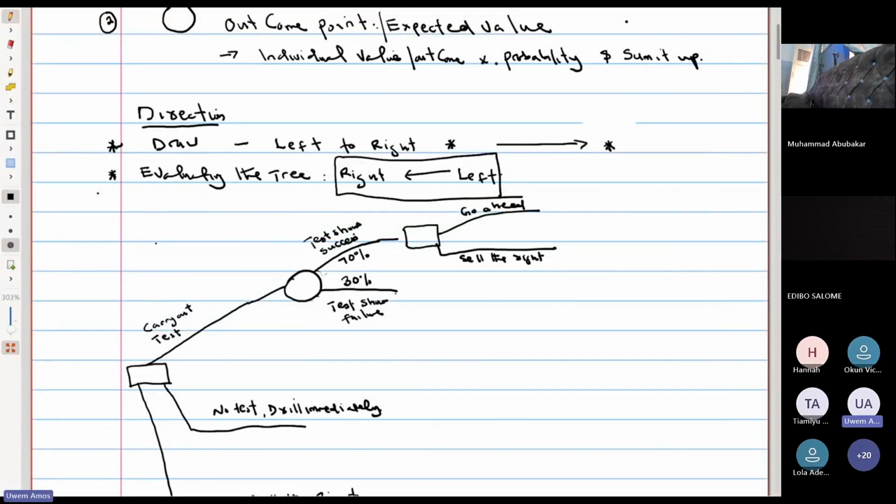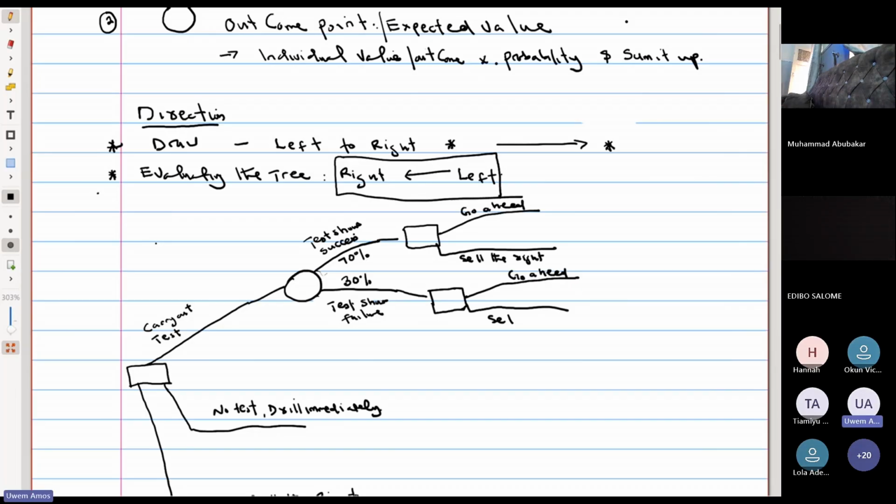Whether it shows success or failure, we have two options. If it shows failure, we can decide to say, even though it shows failure, we will go ahead, or we can decide we're not going ahead, we are selling the rights.